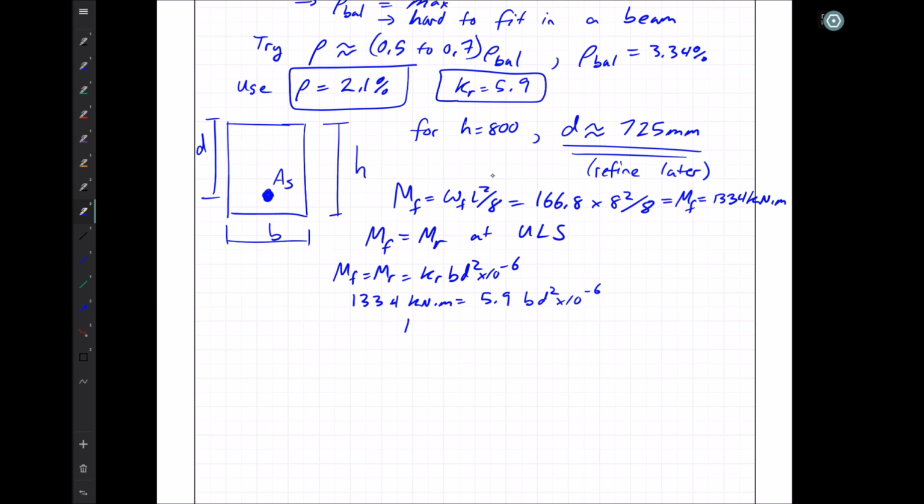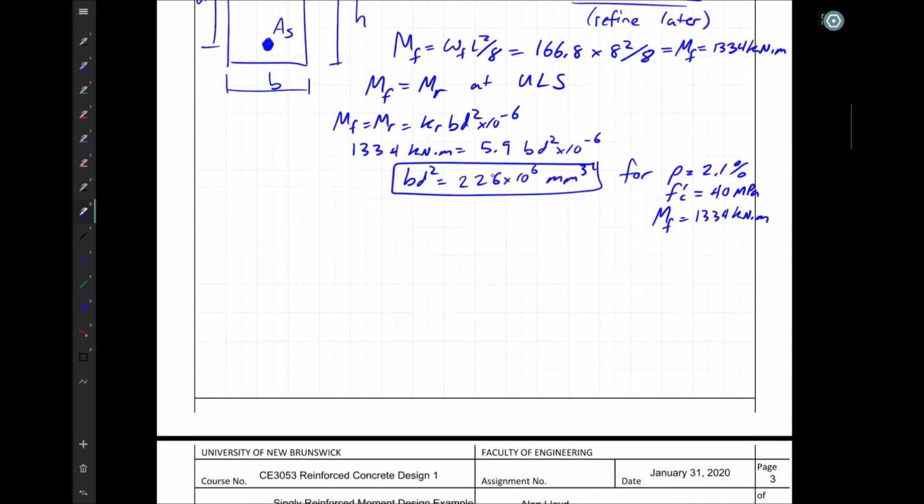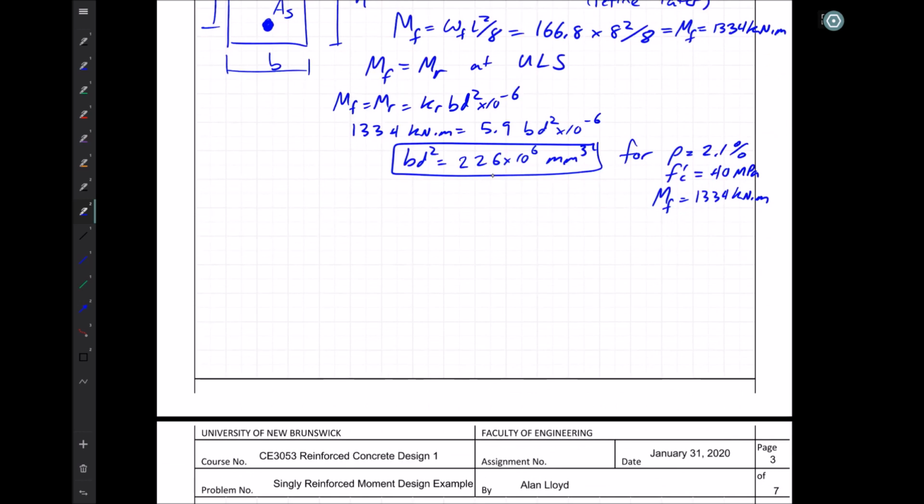And this gives us BD squared is equal to 226 times 10 to the 6th millimeters cubed, for rho is equal to 2.1% and F prime C is equal to 40 MPa, and for our section such that moment is equal to 1334 kilonewton meters. So all of those can change as we need them to, or as the design mandates as we refine our section size.